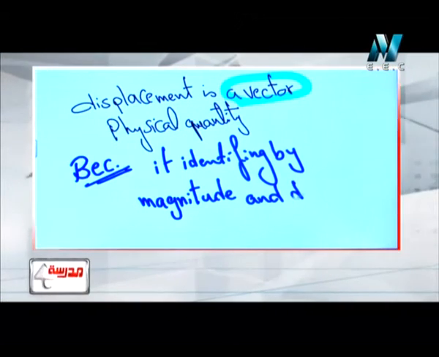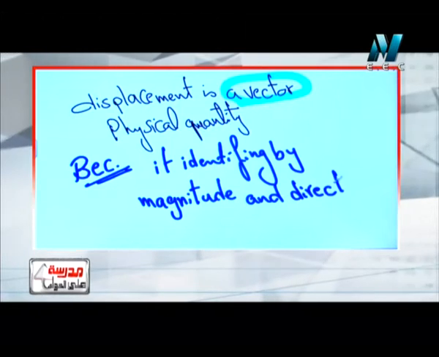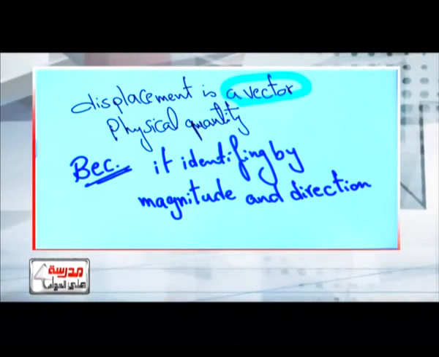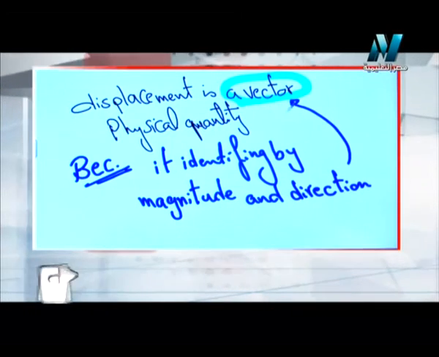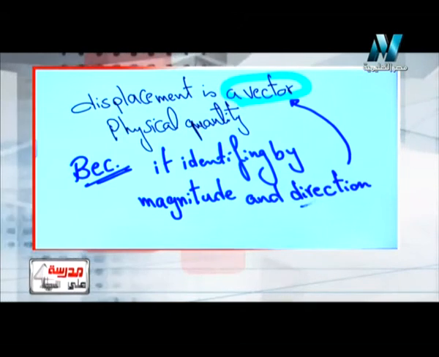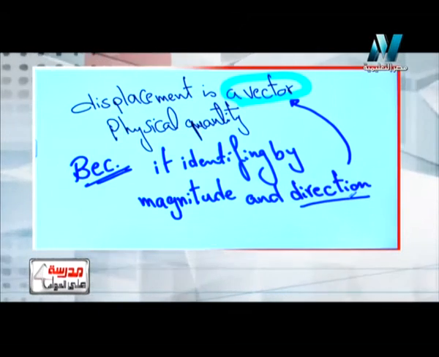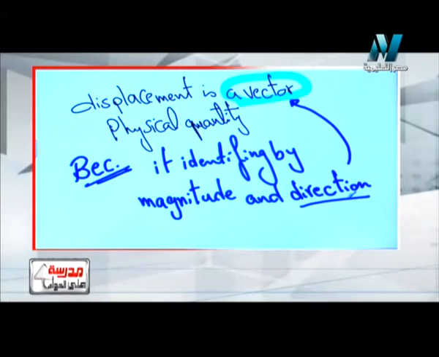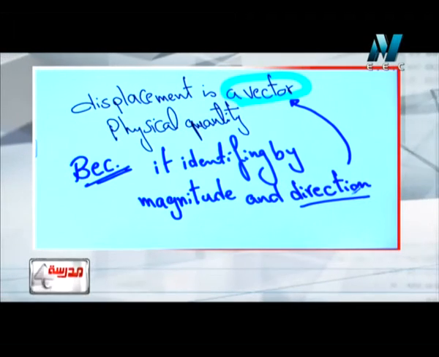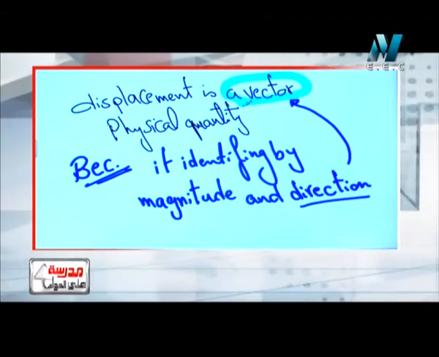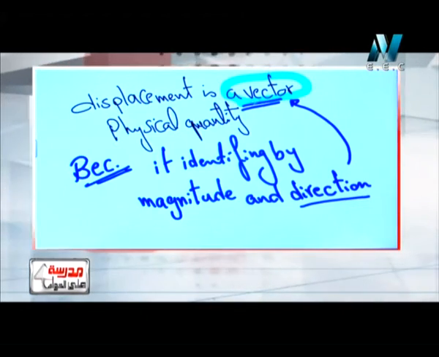So for any vector physical quantity, we talk about magnitude and direction, while scalar physical quantities are identified by magnitude only. But for a vector physical quantity, we identify it by magnitude and direction.